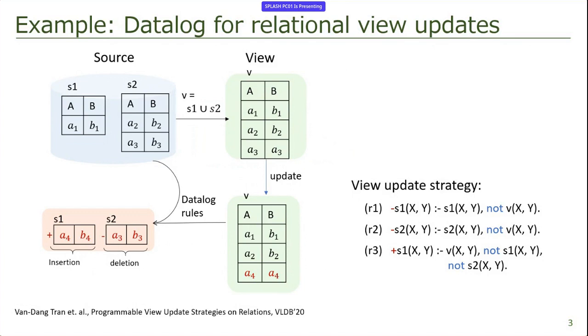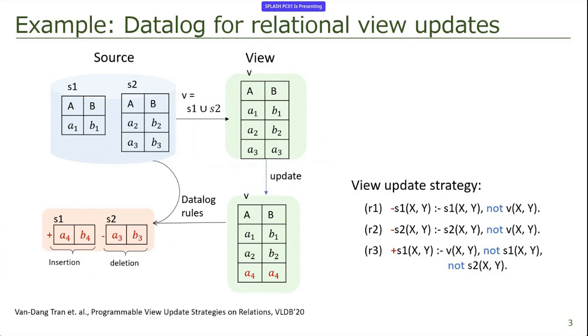We can easily read data from the view, but because the view is a logical table, if we want to update the view, we have to translate the view update into a source update. For example, here I have a view update, which is an insertion of tuple A4 B4 and the deletion of tuple A3 B3.